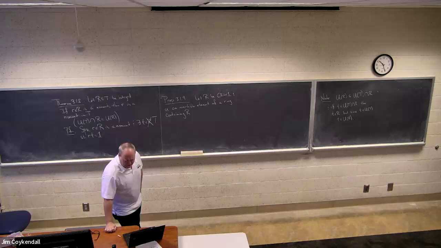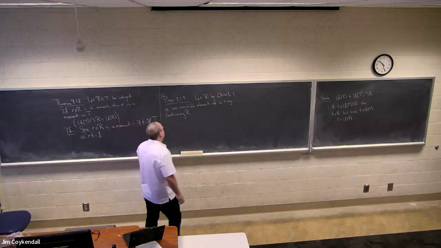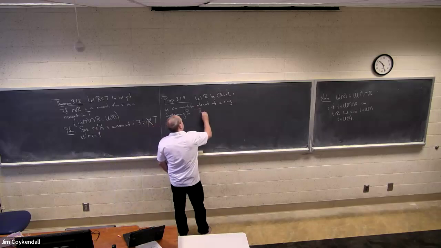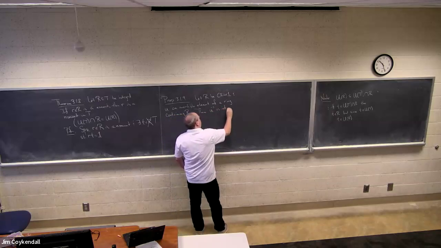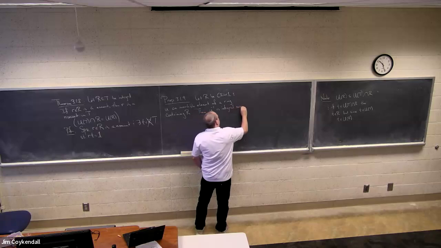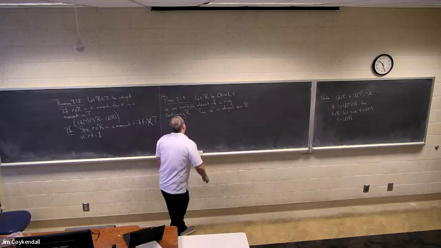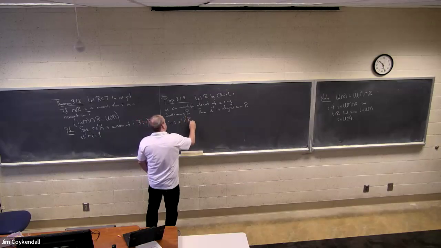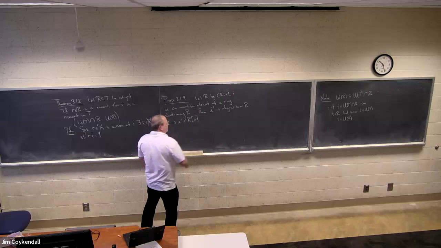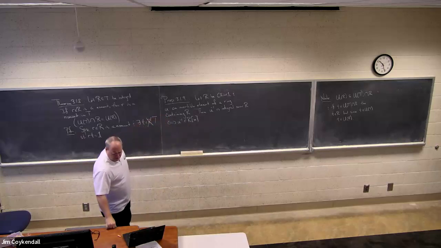Then u inverse is integral over R if and only if u inverse is in R, if and only if u inverse is an element of R[u], the smallest ring containing both R and u.